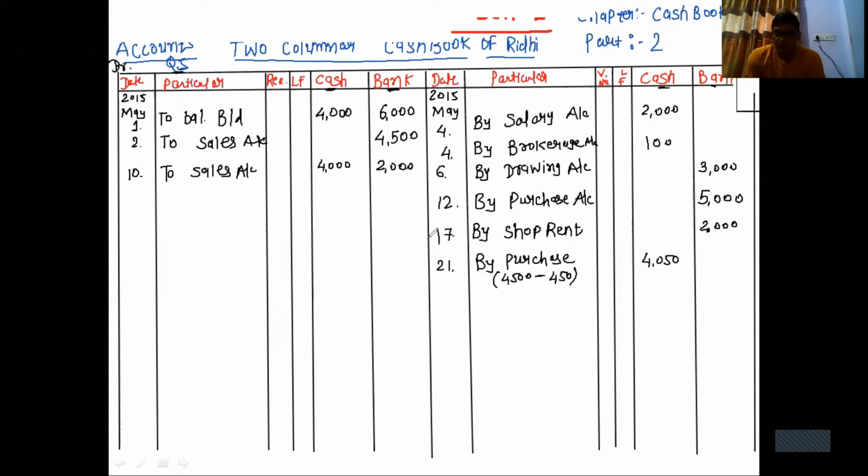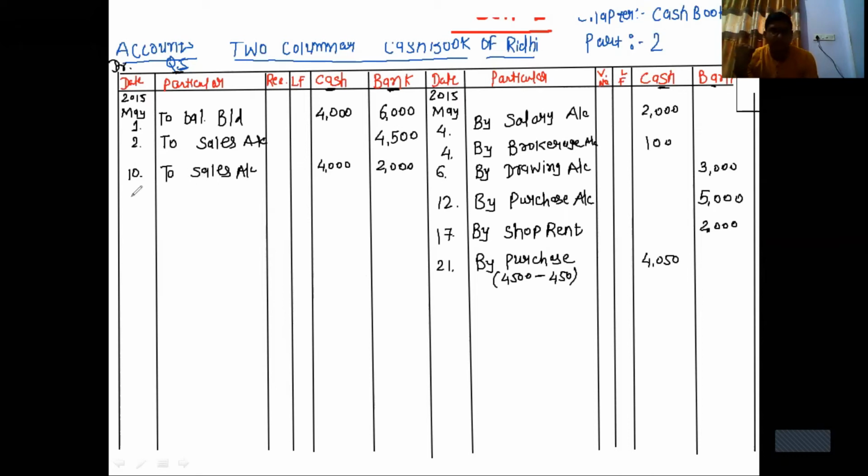Next one, 24. Karishma has paid 2,550 by cash. Karishma has paid cash to us. Here it is our income. Our cash balance increases. Cash comes in.